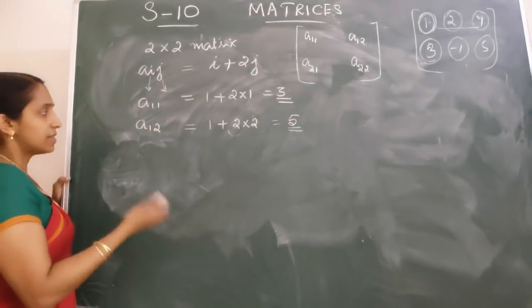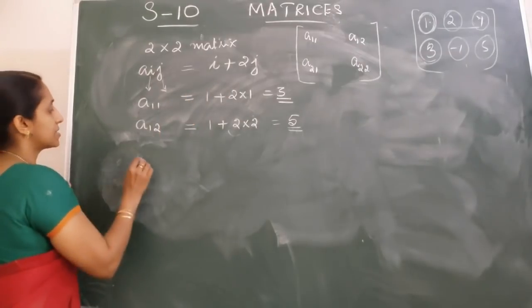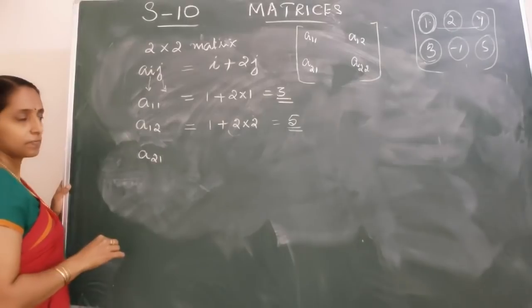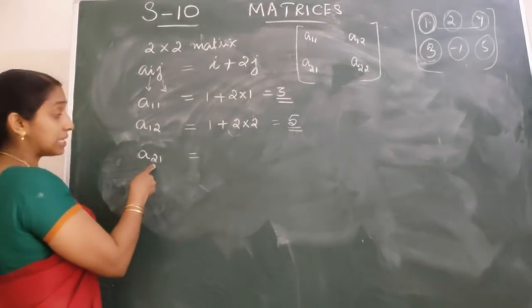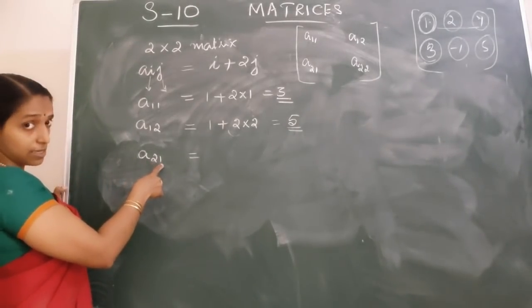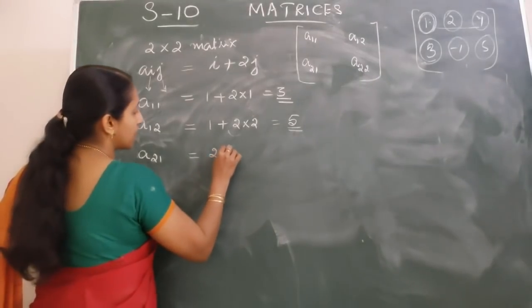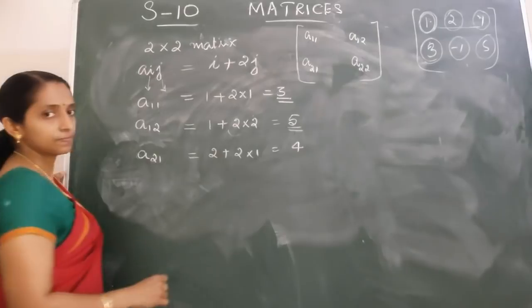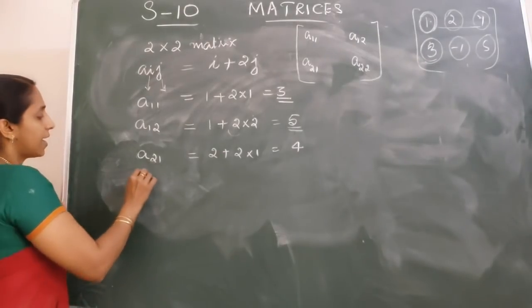Okay. Then take out the second row first element A21. I is 2, J is 1. So 2 plus 2 into 1. You will get 4. Right?